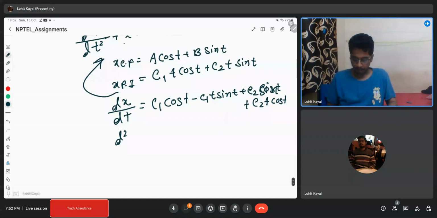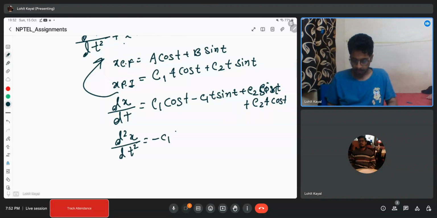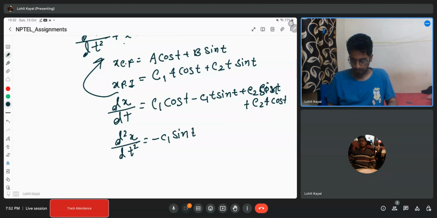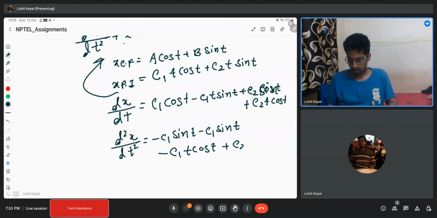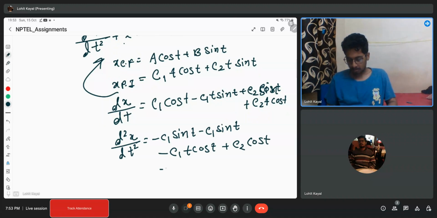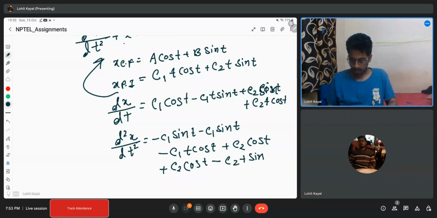So d²x/dt² will be minus c1 sin t minus c1 sin t minus c1 t cos t plus c2 cos t plus c2 cos t minus c2 t sin t.